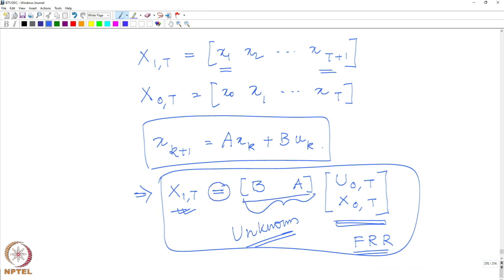I do not know this B A, but the measurements that I have done, it may not always be the case that x 1 t is in the row span of this matrix. It is full row rank. So, its image, that is column span, is full, its row span is not full. Full row rank does not mean its row span is full.